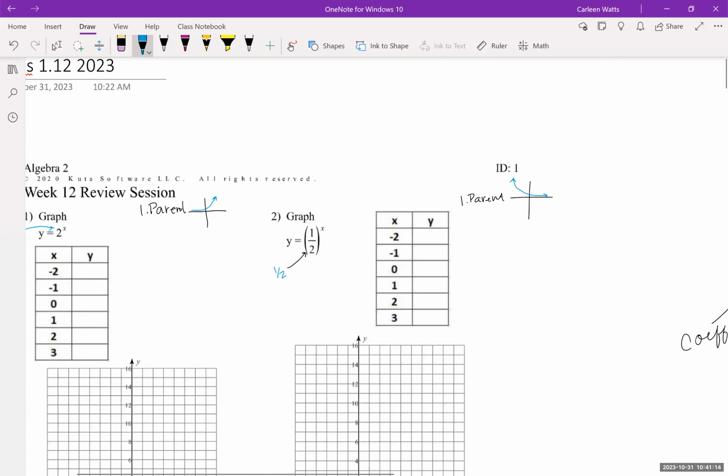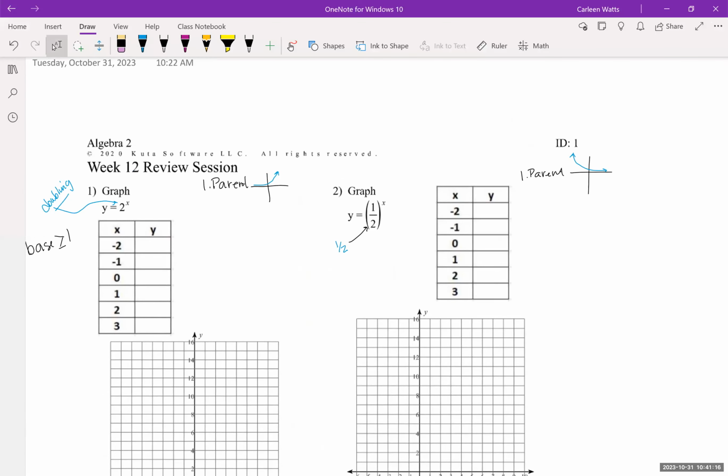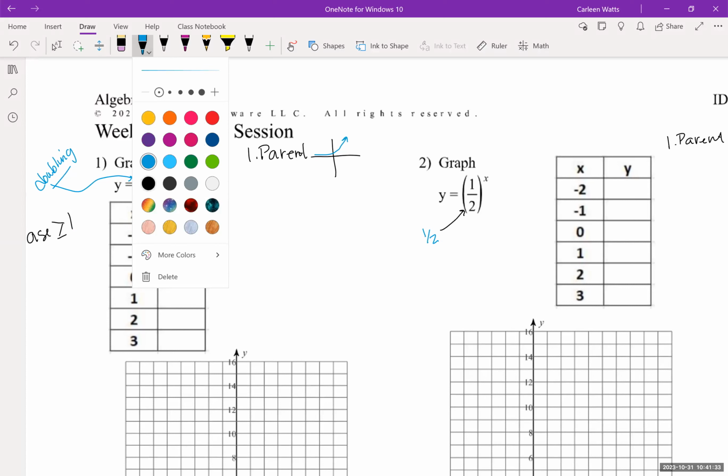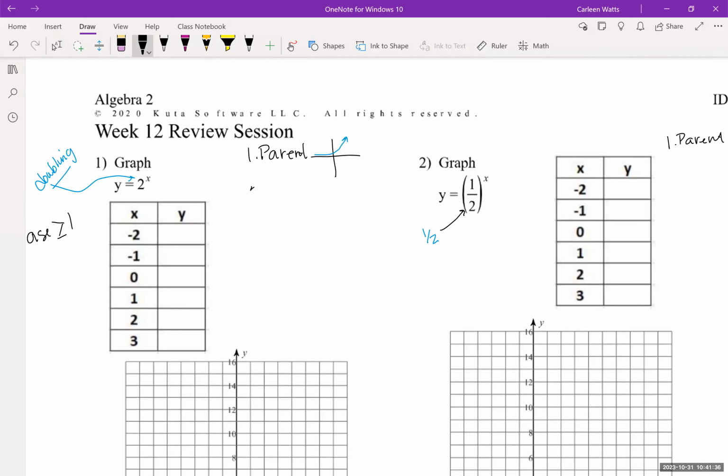So whole number as a base, airplane taking off. Fraction, absolute value of the fraction between 0 and 1, airplane coming in for a landing. Okay. So number 2, we're going to make a table. Okay. 2 to the 0th power.